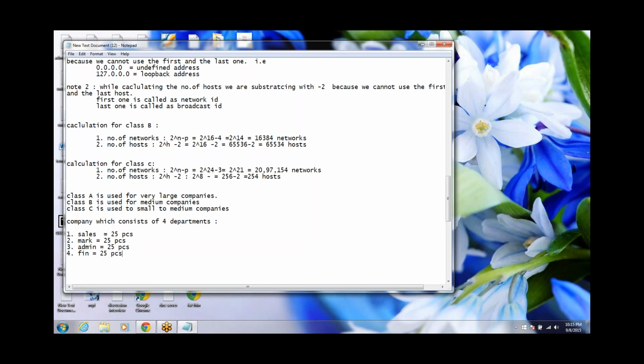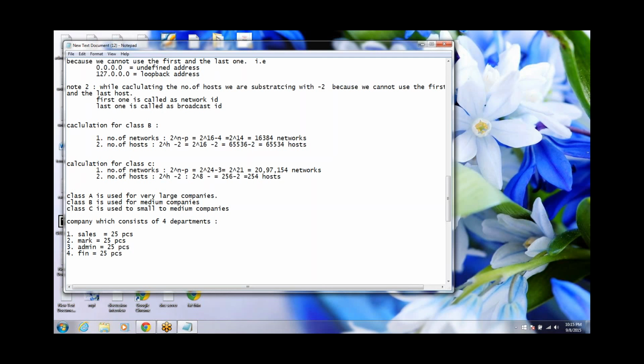So sales has 25 systems, marketing has 25 systems, admin has 25 systems, and in a similar way finance has 25 systems. Now, my boss said to assign IP addresses to all these systems here.